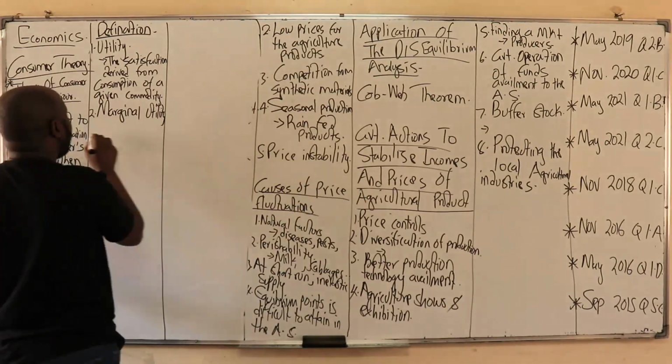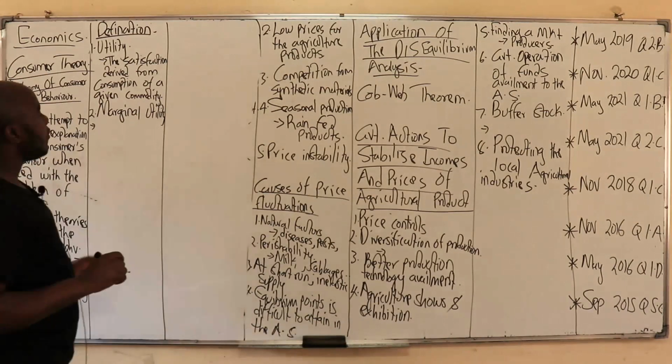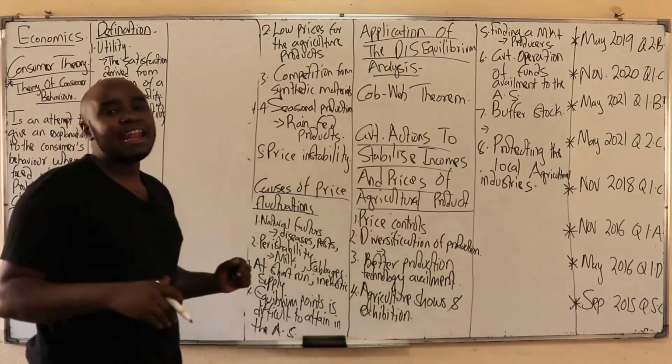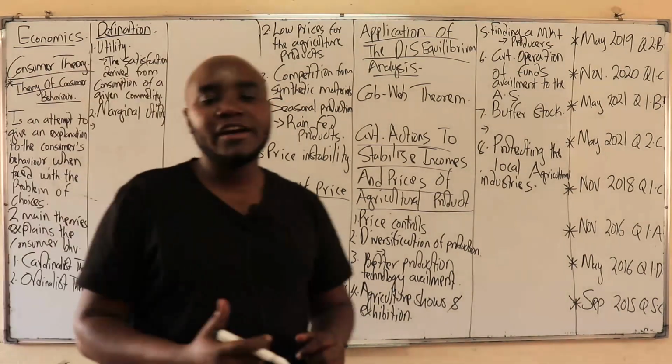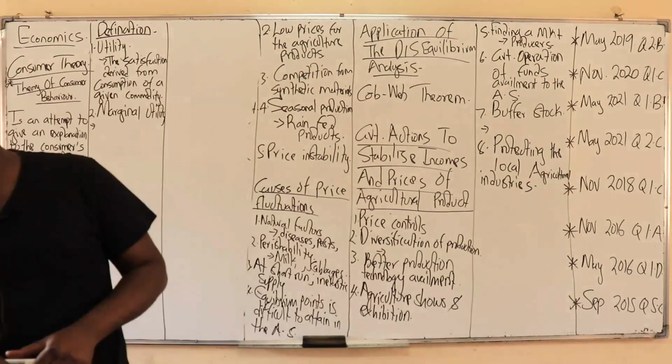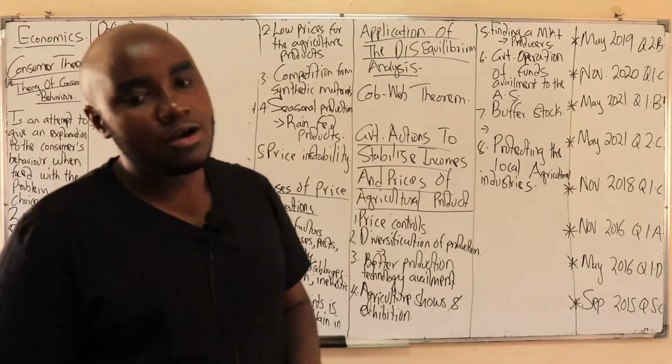Then the next thing that you should know is marginal utility. When you're talking about marginal utility, it's the extra satisfaction that is attained from consuming an extra unit of a commodity.